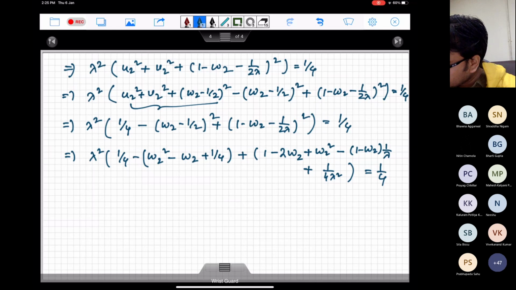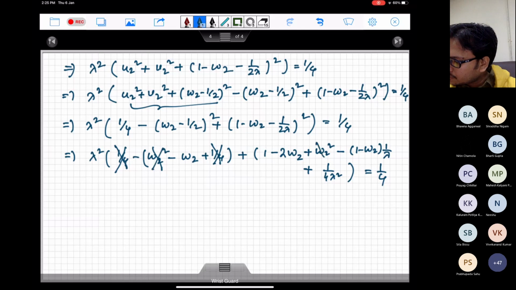Here certain things are going to get cancelled. The 1 by 4 cancels with this 1 by 4, and the w2 square cancels here.